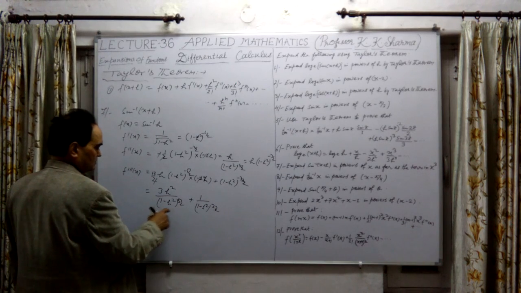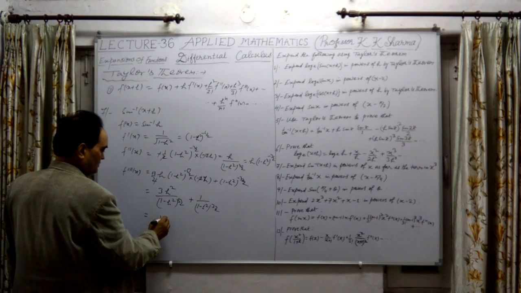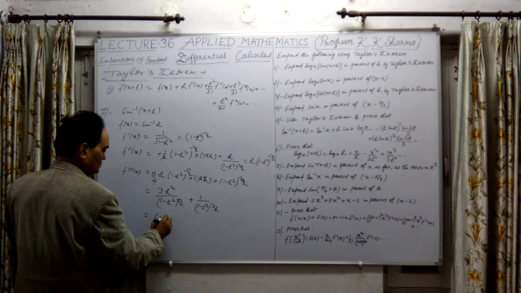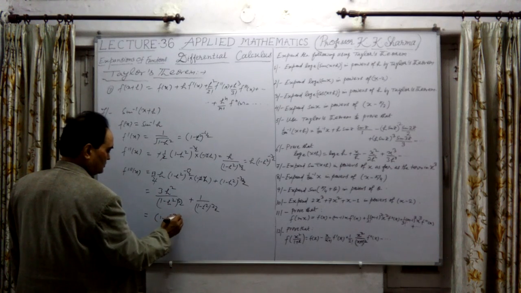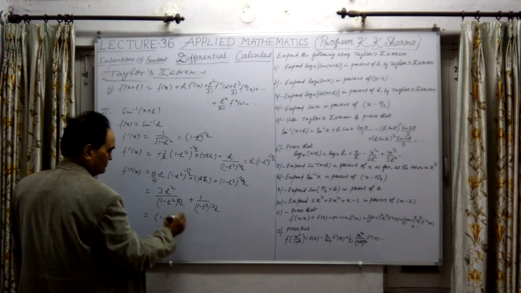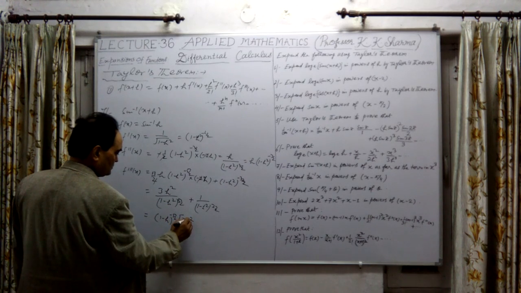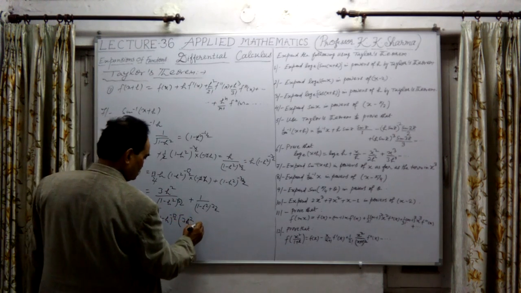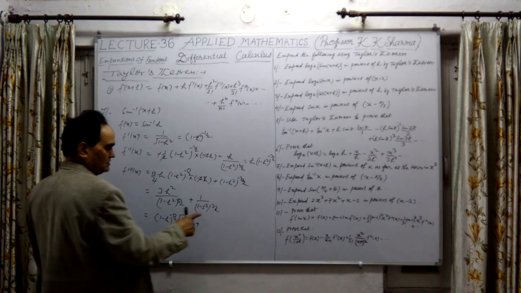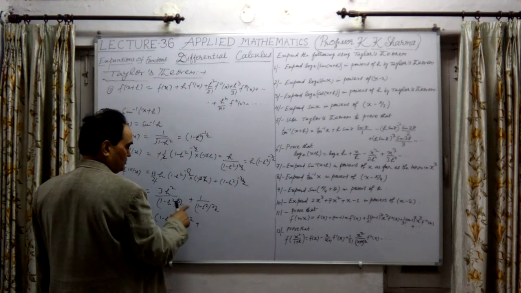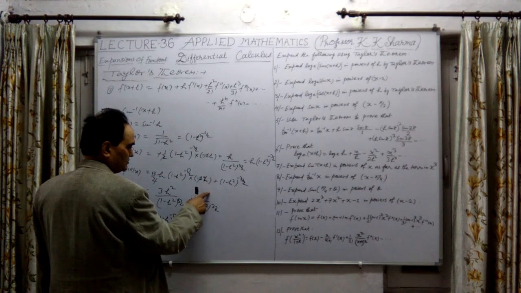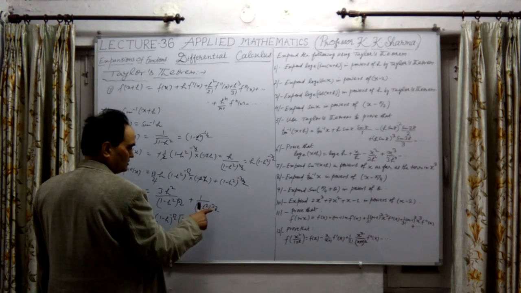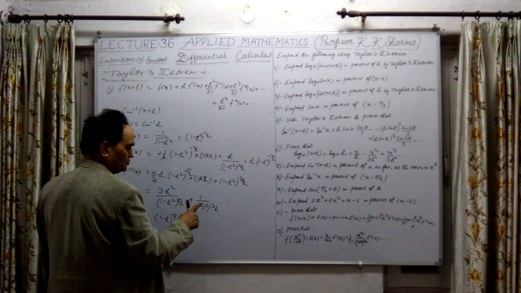Okay, so if I take (1 minus h square) whole power minus 5 by 2 common, this is 3h square. The numerator will be divided by this, but this is in the denominator, so 5 by 2 minus 3 by 2, that means power will be 1 only, 2 upon 2, that means 1.